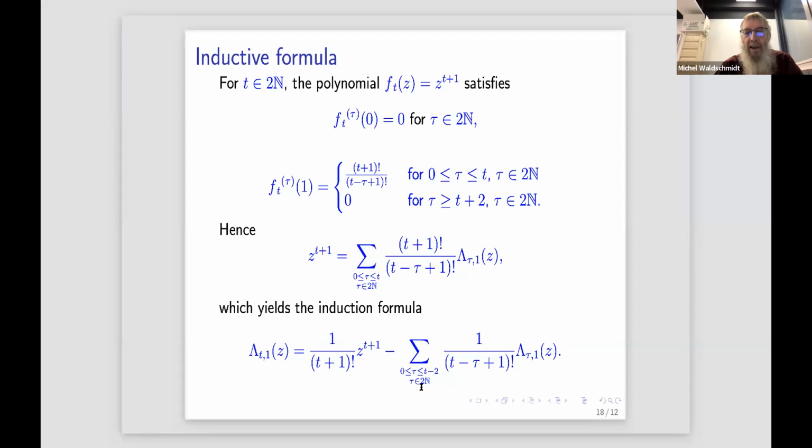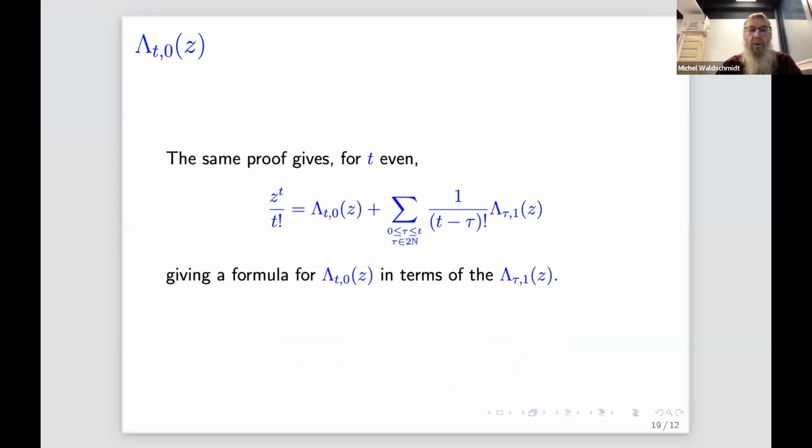T and tau are even integers for me. And the same argument using z^t over t factorial gives you a formula which gives lambda t0 in terms of the lambda t tau 1 for tau less than t. So we have inductive formula for these polynomials.